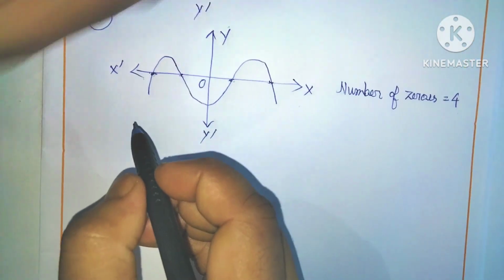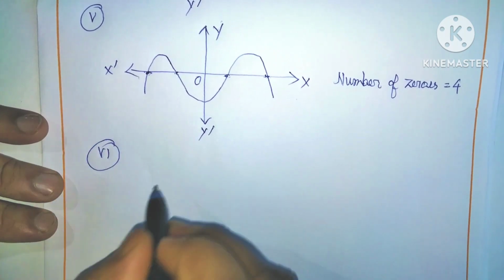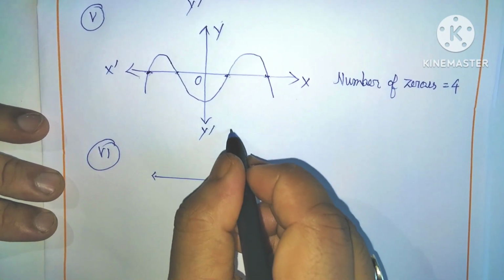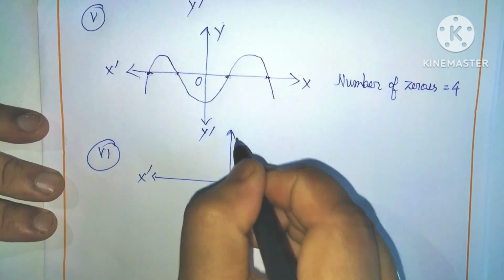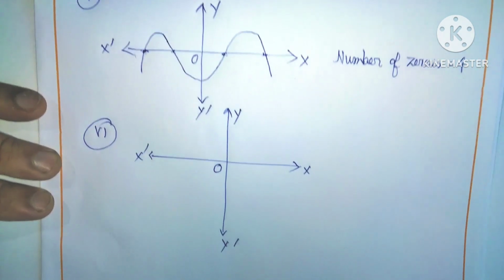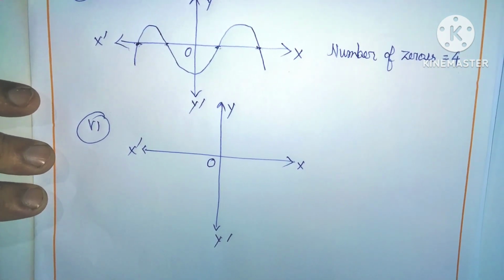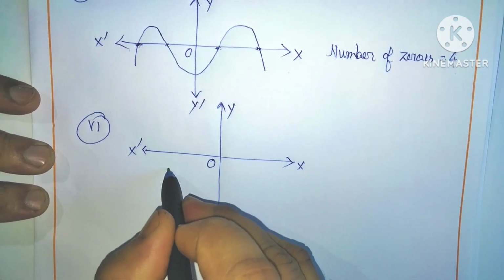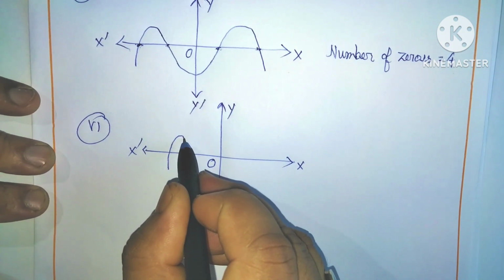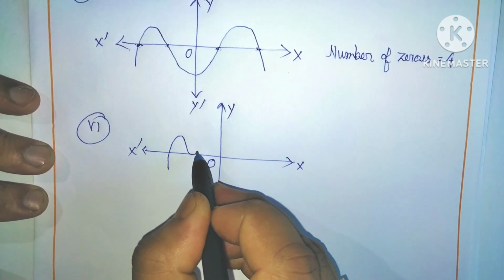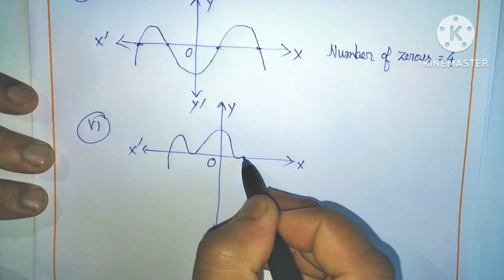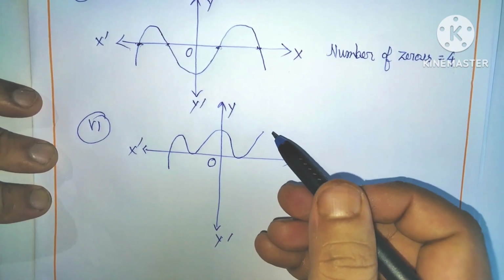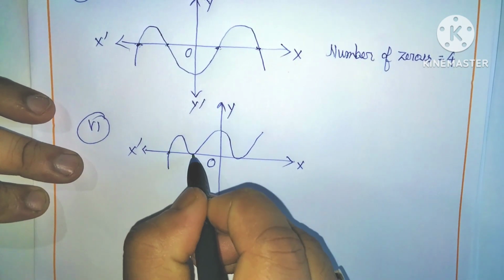Again, number 6. X dash, y dash. This graph cuts the x-axis at 3 points.